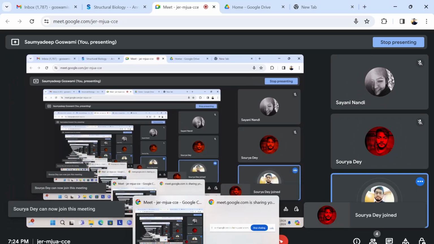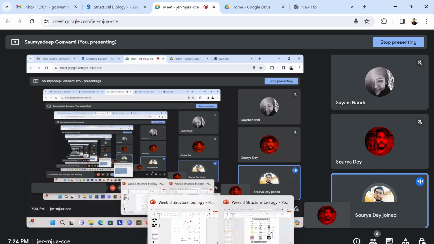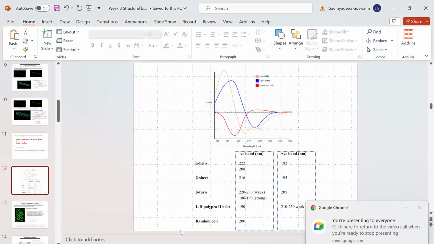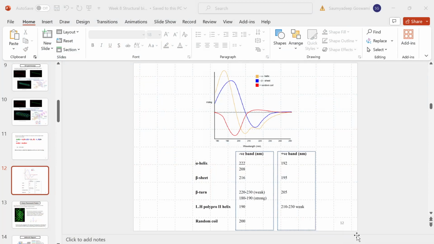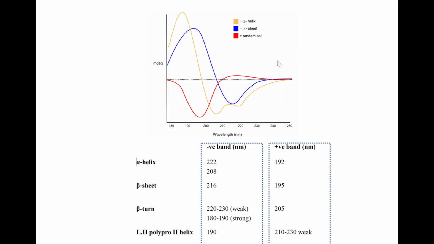So what we were discussing is the CD spectroscopy. Here you can see that beta sheet has a characteristic CD spectra pattern, alpha helix has a characteristic pattern, and random coil has another characteristic pattern.